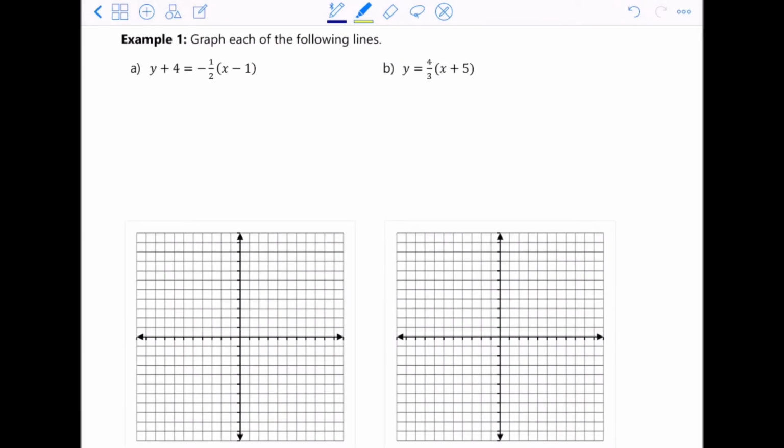Let's take a look at example 1. Graph each of the following lines, part A. So what we first need to know is the form we need to use: y minus y1 equals m times (x minus x1). The reason why I use just regular y and x is because we have regular x and y in there.